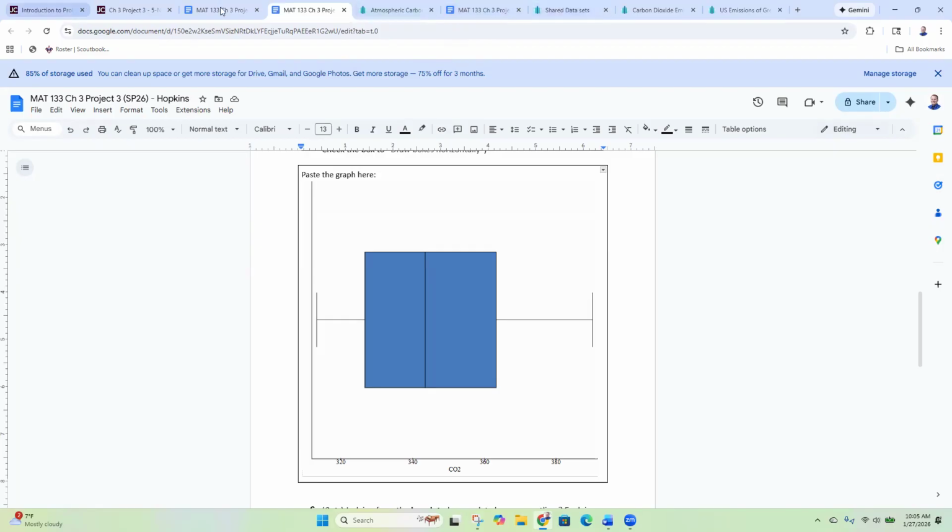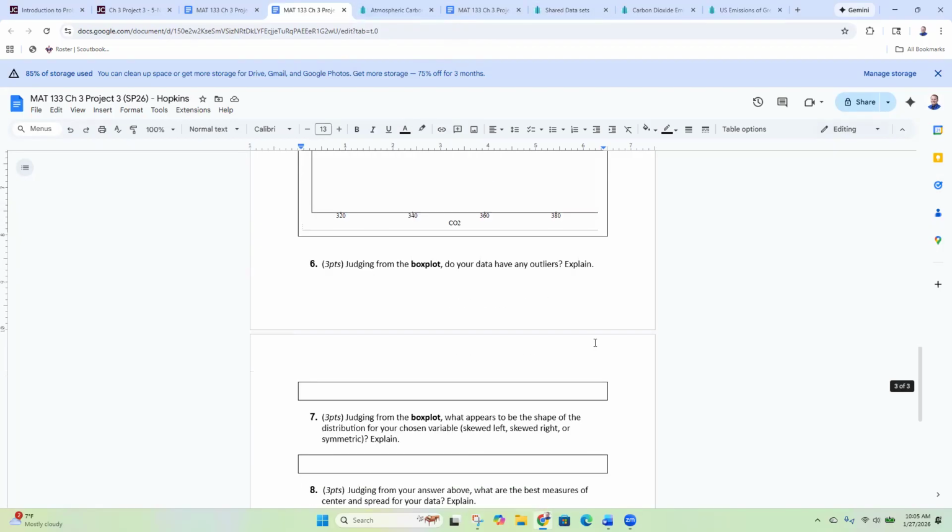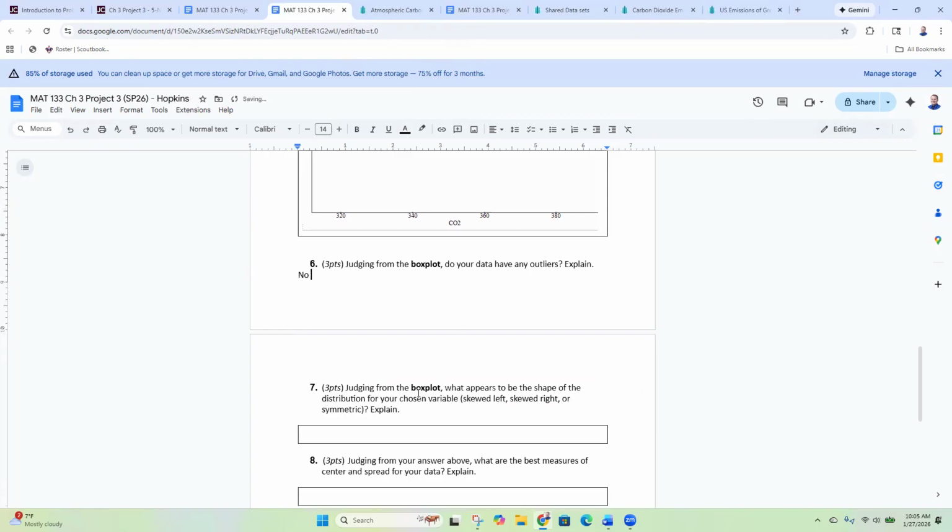All right, let's go on to number 6. Judging from the box plot, do you have any outliers? So, no. My box plot does not have any outliers because it has no dots.